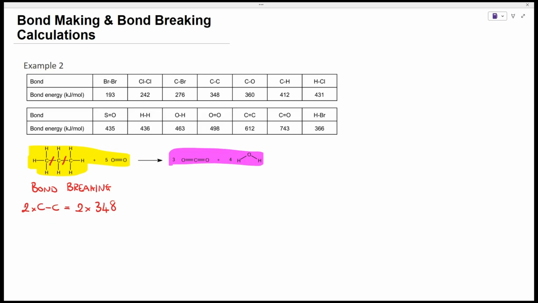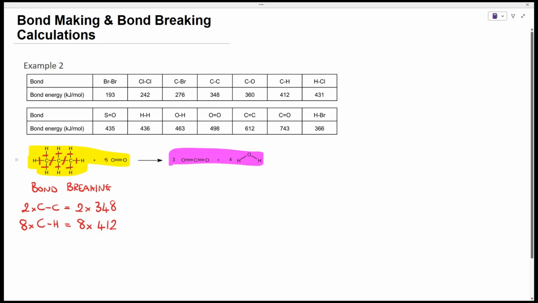And then I'm going to move on to my carbon to hydrogen bonds. I've got 1, 2, 3, 4, 5, 6, 7, 8. So there's 8 carbon to hydrogen bonds, which is going to be 8 multiplied by 412. I've just picked that number straight from the table.